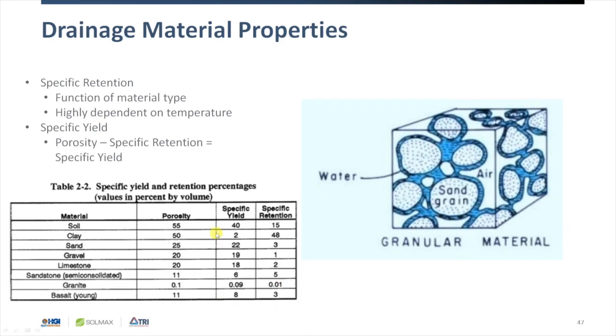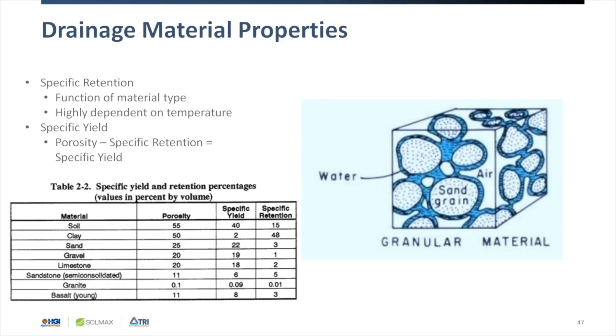If you look at this table of the various materials, you can see something like sand, which is really problematic for these extended weeping periods of time. Sand has a specific retention of 3%, but it has a field capacity of around 15%.